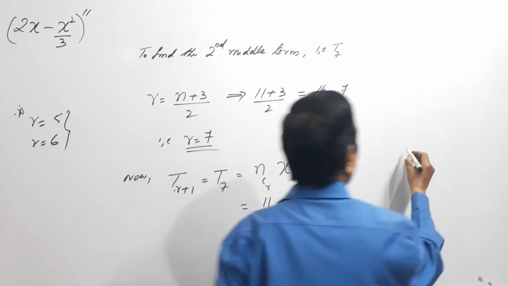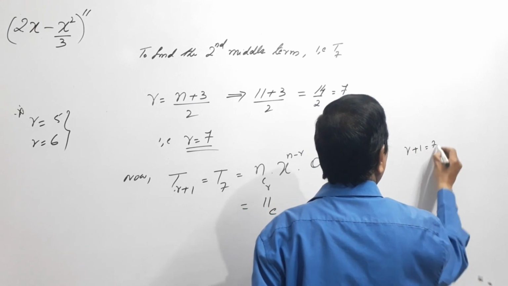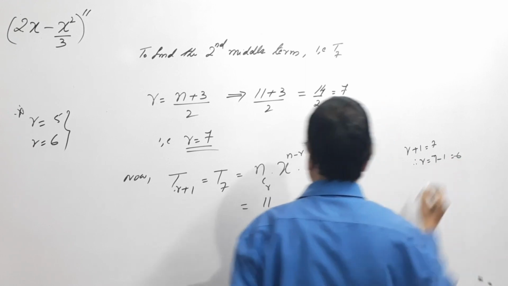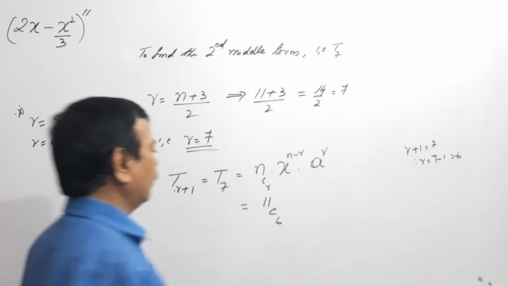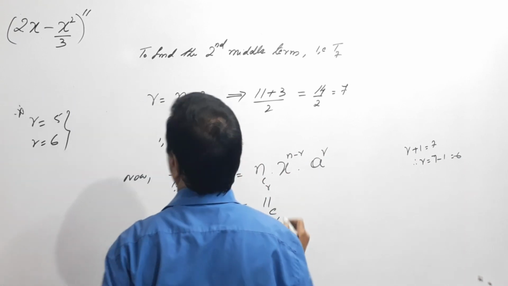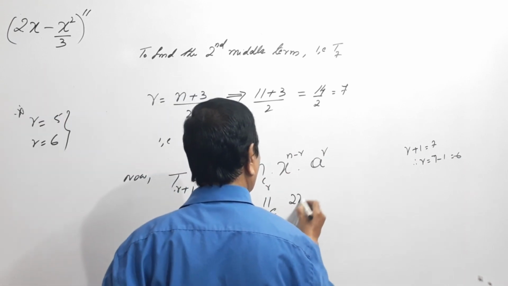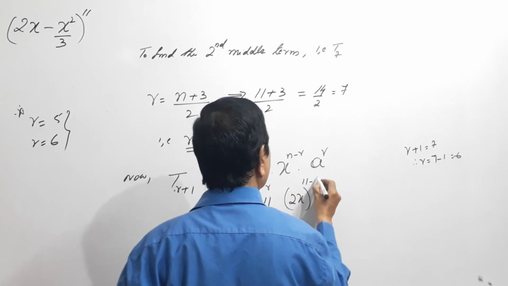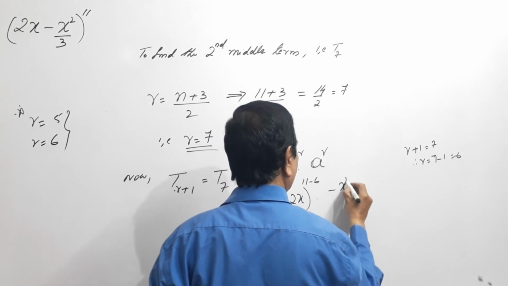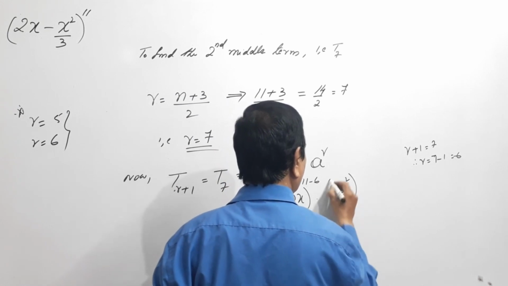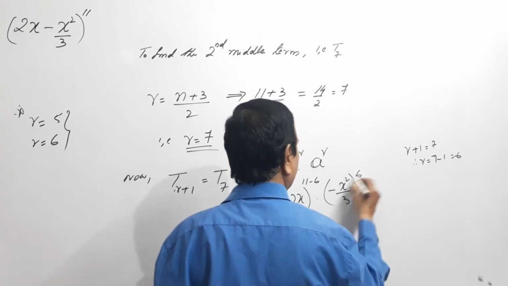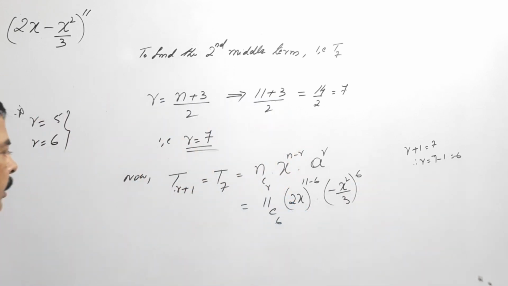Here r plus 1 equals 7, therefore r equals 7 minus 1 equals 6. Remember this, don't put 7 straight away, put 6. x is 2x, that is 11 minus 6, and a is minus x squared by 3 to the power r. r is again 6. Please make a note.